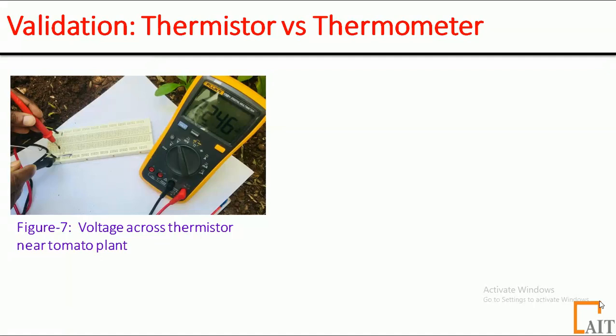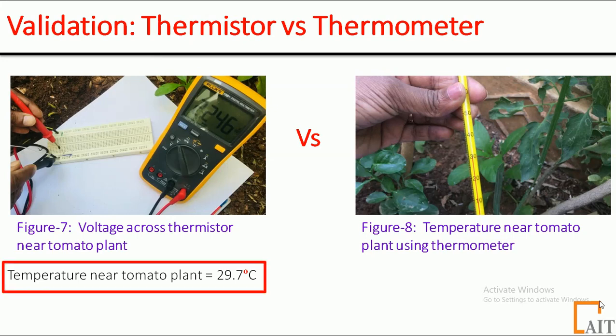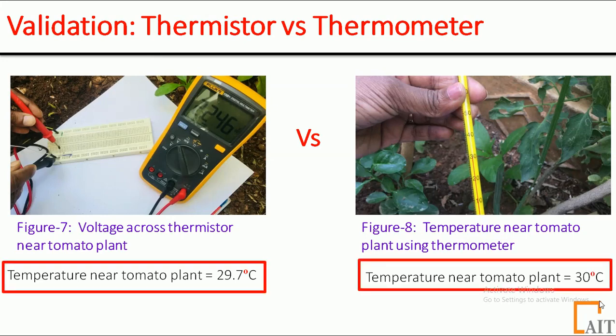So we have measured the environmental temperature around the tomato plant using the thermistor. We understood what a thermistor is, we built an application circuit, and we also measured the temperature. Now we needed to validate it, so we used a red liquid thermometer, and we found that the temperature measured using the thermistor was 29.7 degrees centigrade, and the temperature measured using the red liquid thermometer was 30 degrees centigrade, meaning that both of them were approximately similar.